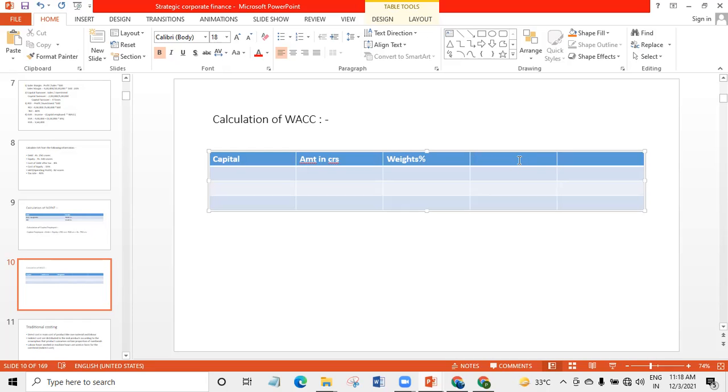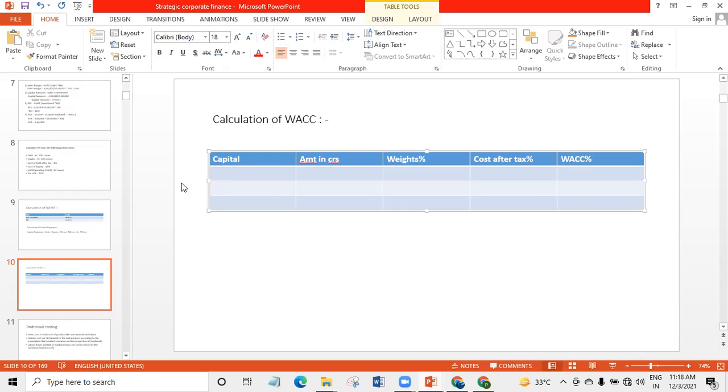Next is cost after tax. Next is weighted average cost of capital, WACC.